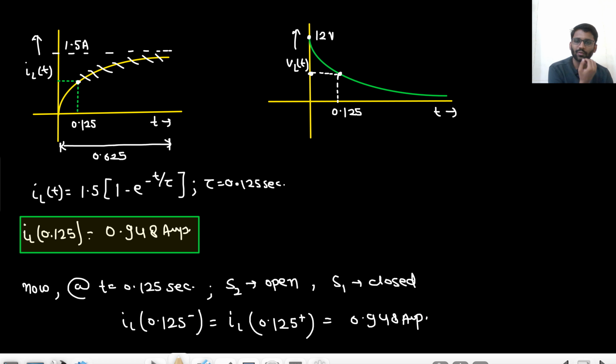So what will be the circuit at t equals 0.25 plus? Now what will be the circuit?